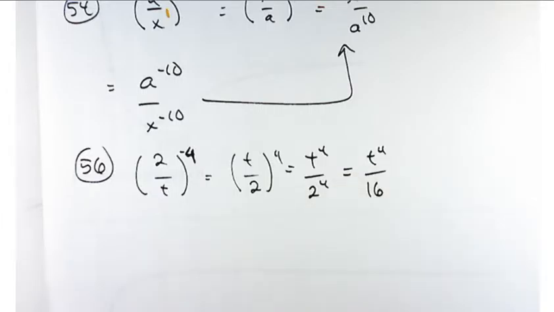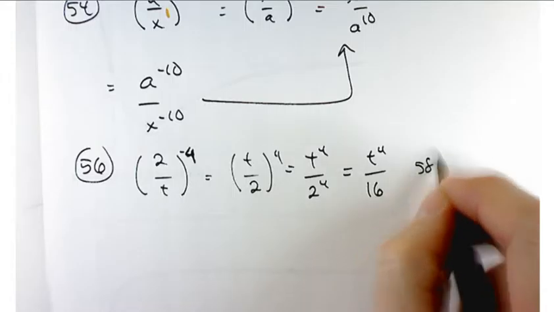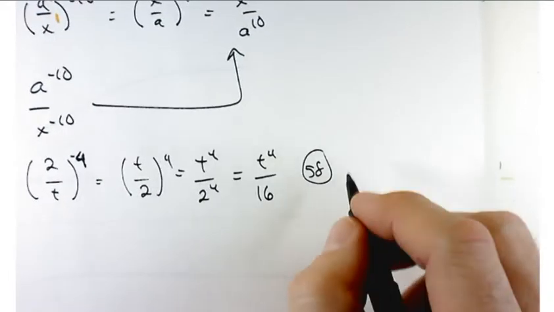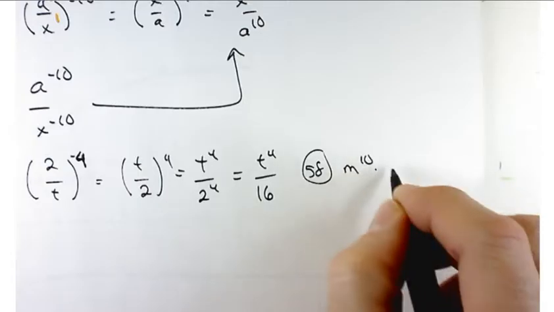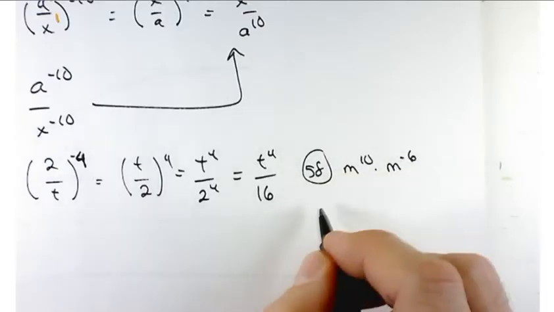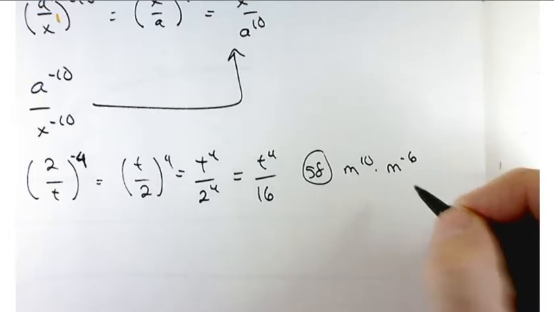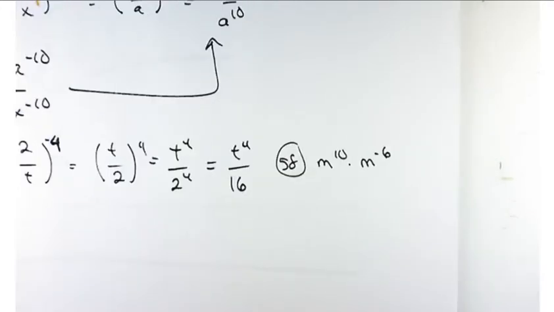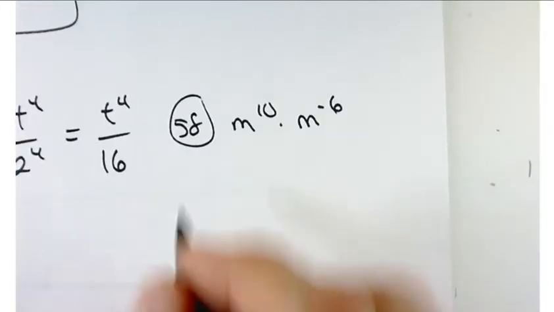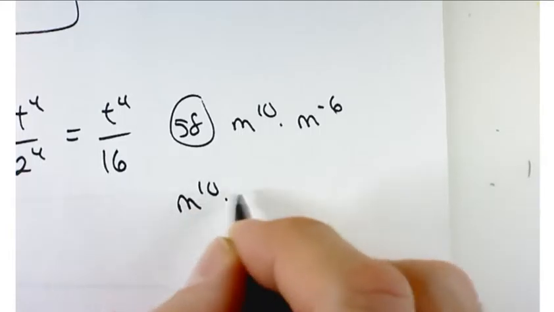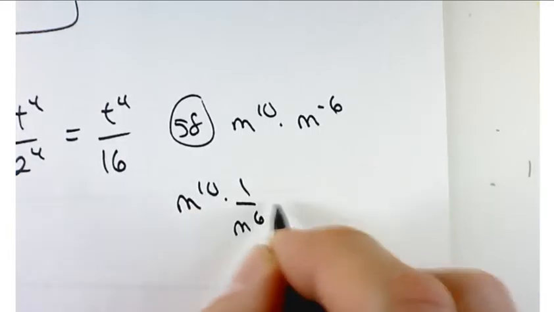Let me do problem number 58, and then I'll give you 3 in a row to try. Problem 58. Couple ways you can do 58. It's m to the 10th times m to the negative 6. One way to do this is to practice our rules for exponents. In this way, m to the 10th times 1 over m to the 6.